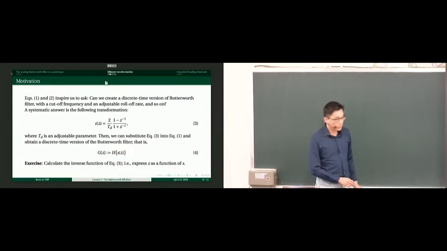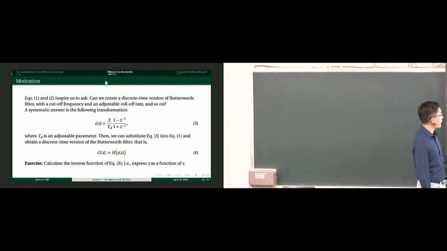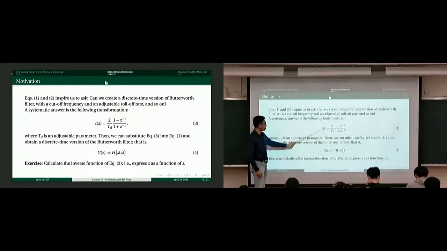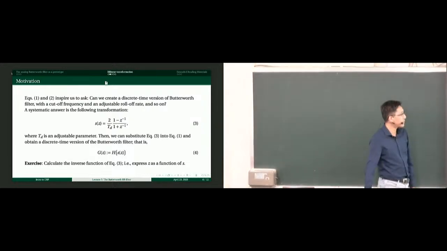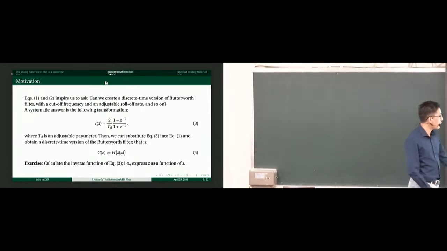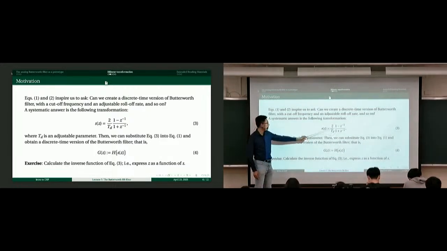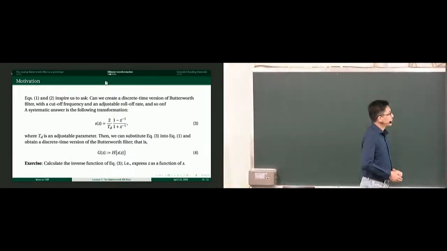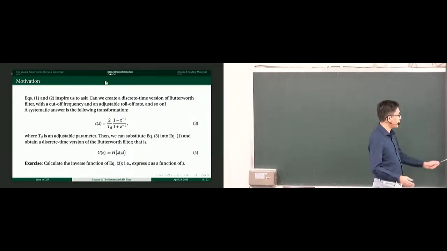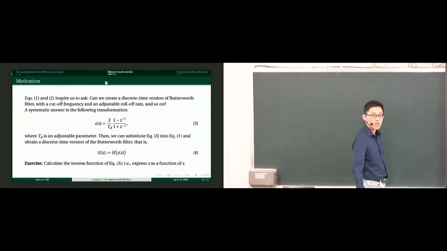The bilinear transformation is a function from Z to S. We define S as a function of Z: there will be 1 minus Z inverse over 1 plus Z inverse, and there's a parameter 2 divided by Td. That's simply a definition, and Td, as you will see, can be adjusted.